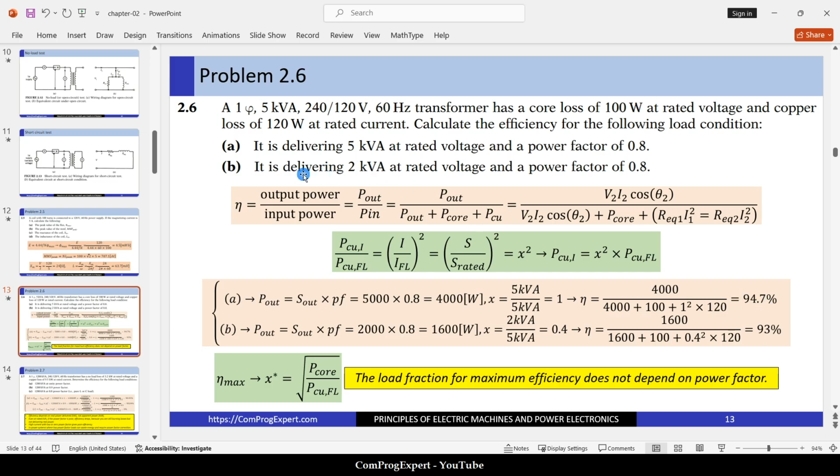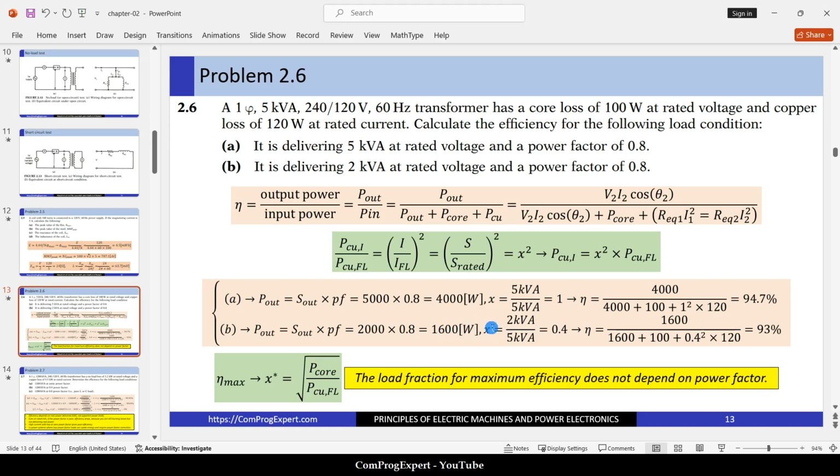For part B, the transformer delivers 2 kilovolt ampere at the rated voltage and power factor 0.8. So we can repeat the calculations again. Here is the output power: 2000 volt ampere times 0.8 is 1600 watts.